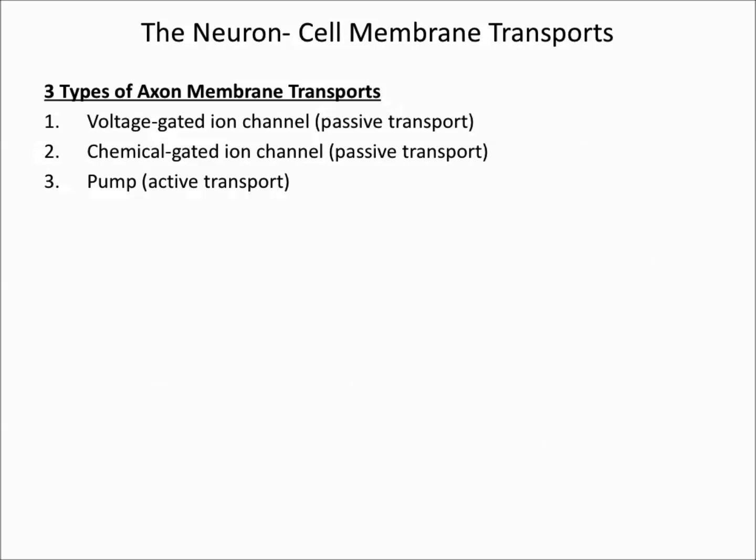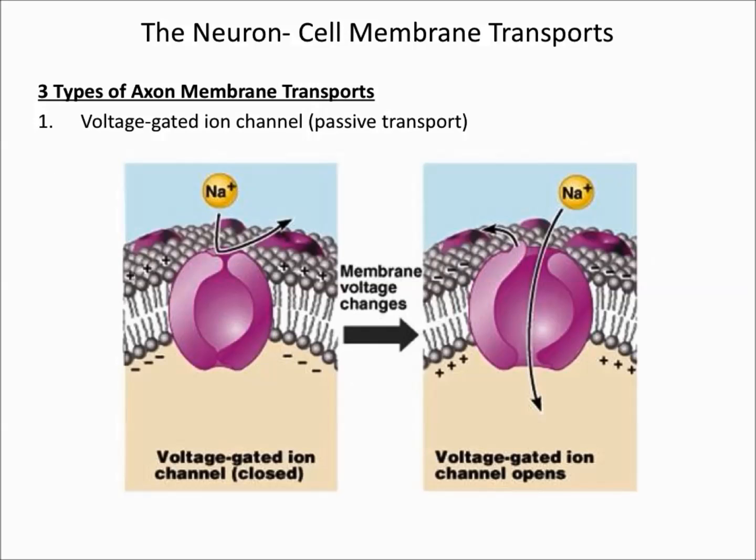A voltage-gated channel only opens in response to the presence of a voltage, or an action potential. When an action potential arrives down the cell membrane, this channel opens, allowing substances or materials to pass right through it by the process of diffusion or osmosis.